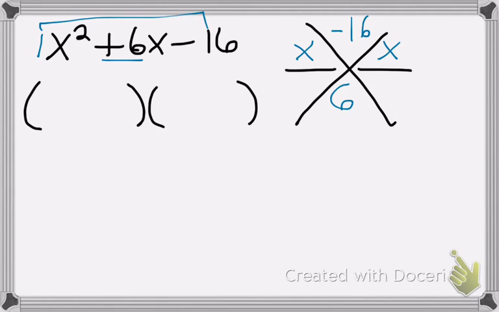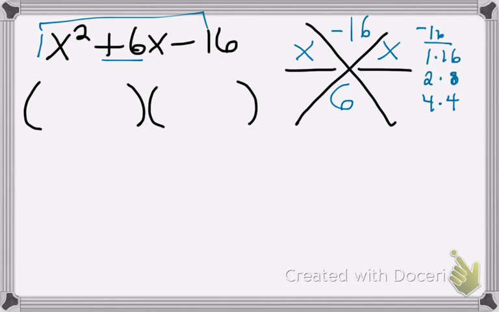Now it's negative 16, so if we take 16 and we list our factors, it might be easier to list them. So 1 times 16, 2 times 8, or 4 times 4. Because now since we have negative 16, they have to subtract to 6.